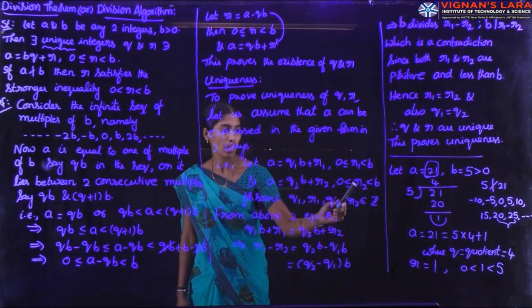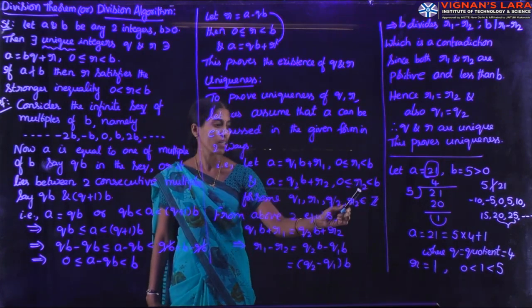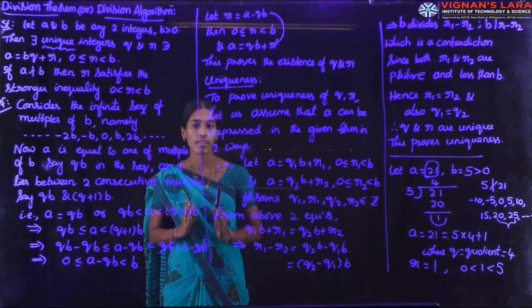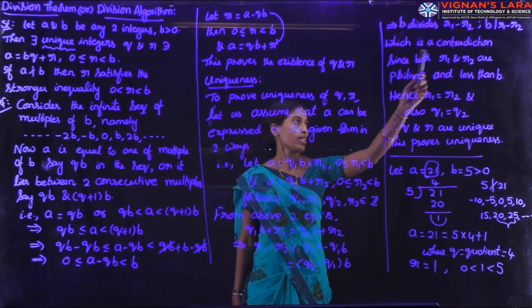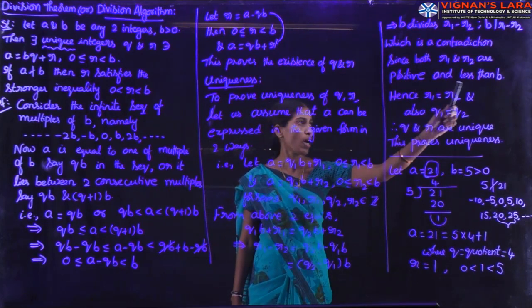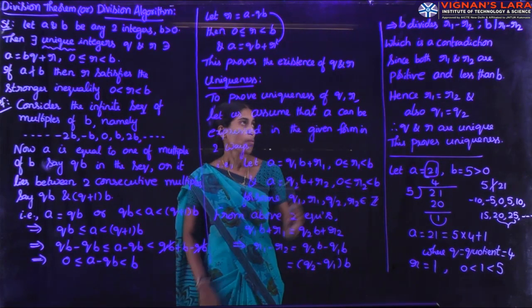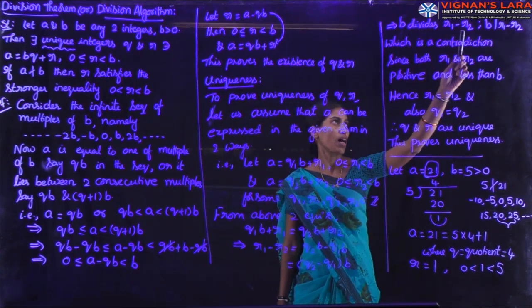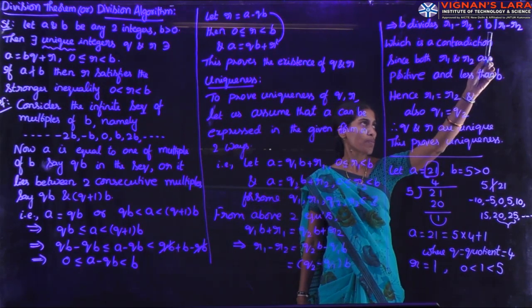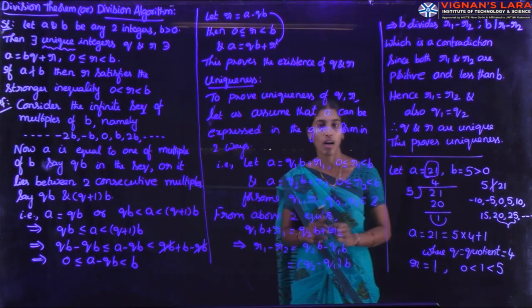If you see here, R1 less than B and R2 less than B means that we are getting a contradiction, since both R1 and R2 are non-negative and less than B. But here we are getting B divides R1 minus R2, which means that B value must be less than R1 minus R2.